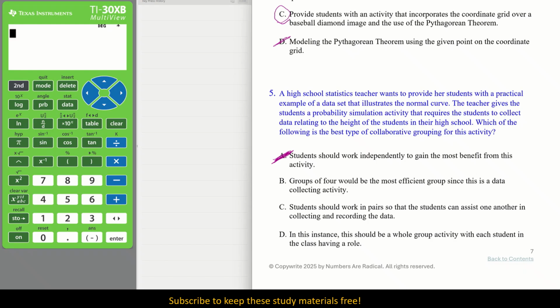B: groups of 4 would be the most efficient group since this is a data collecting activity. I disagree with that, because you just need someone collecting it and writing it down, and it would be a sampling. You're just sampling.